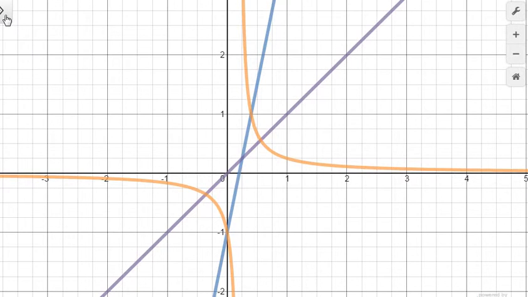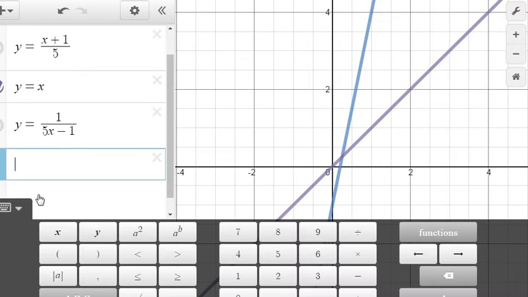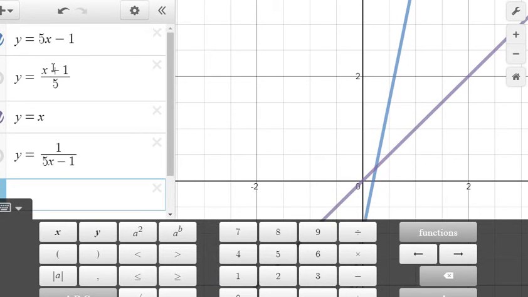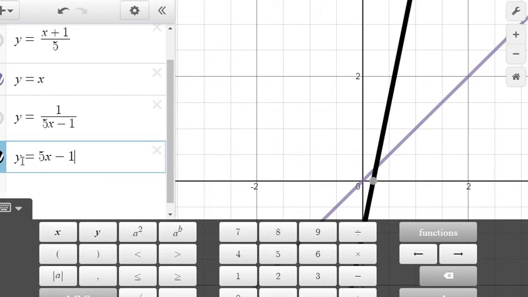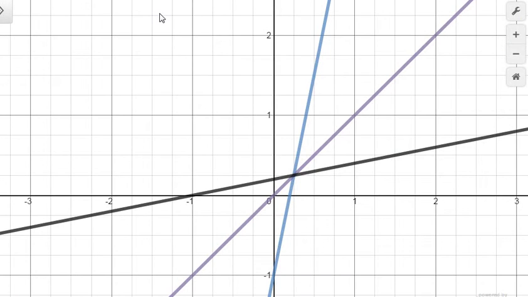The cool thing you can do in Desmos, and I mentioned it briefly, is you don't have to have your variable solved for. So I could just type in y equals 5x minus 1, and then say, to get the inverse, I want to interchange these. So I'll do an x here and a y here, and boom, you got the inverse. So, nice.